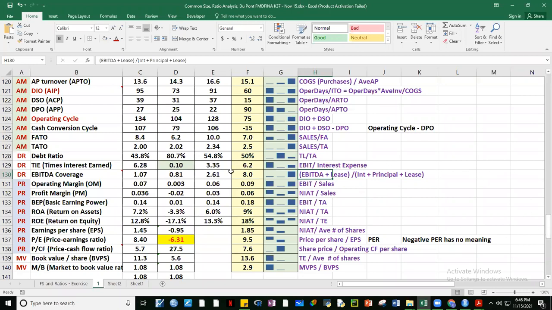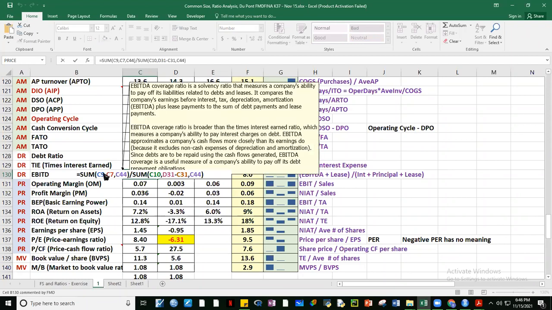Okay? So for example, in 2021, take a look at the formula, guys. Okay, explain natin itong formula na to, ha. Okay, ano tong C9 na to? No? C9 is your, I think this is your EBIT. And then dinagdag natin yung C7, ito yung depreciation natin.